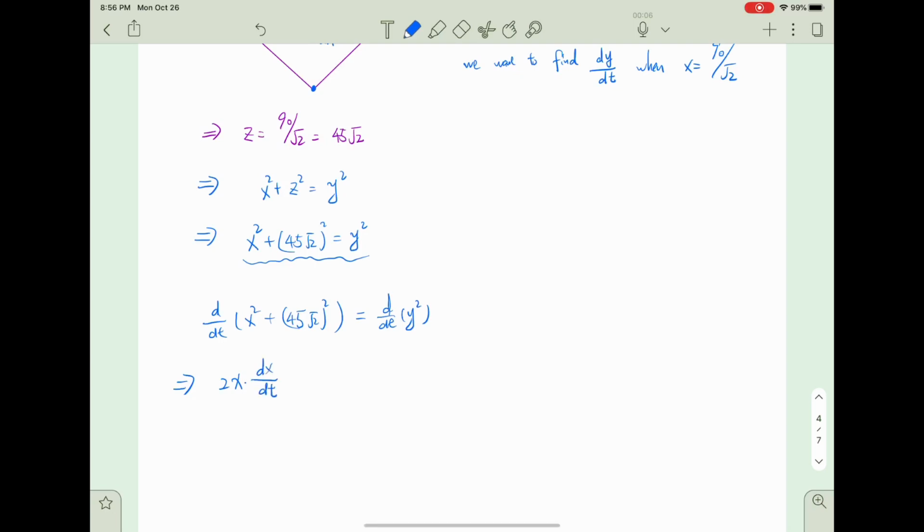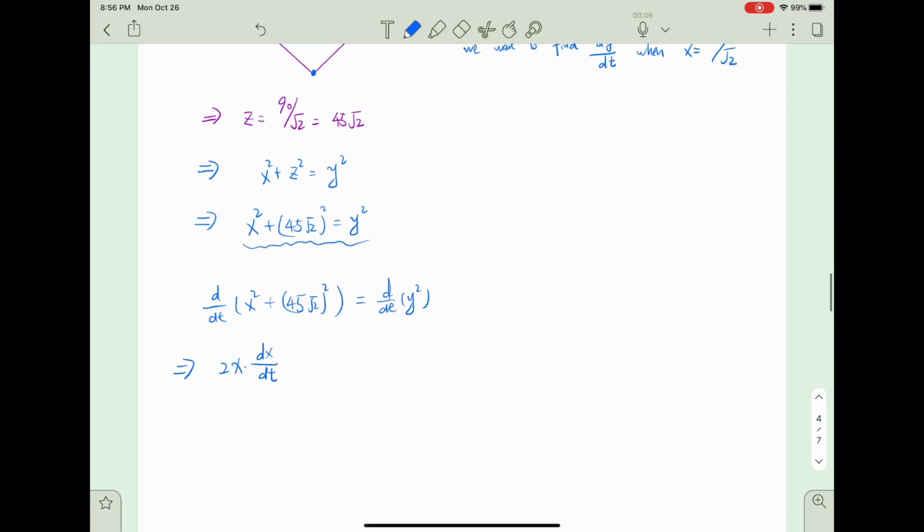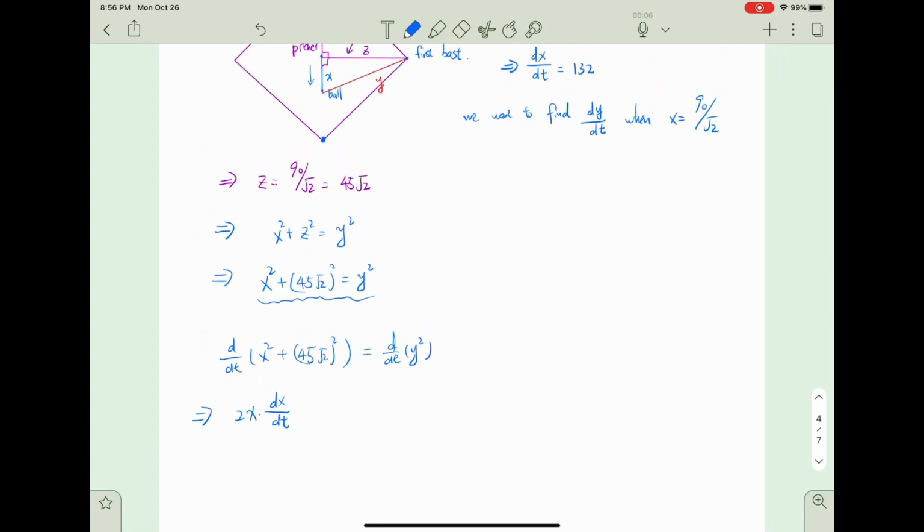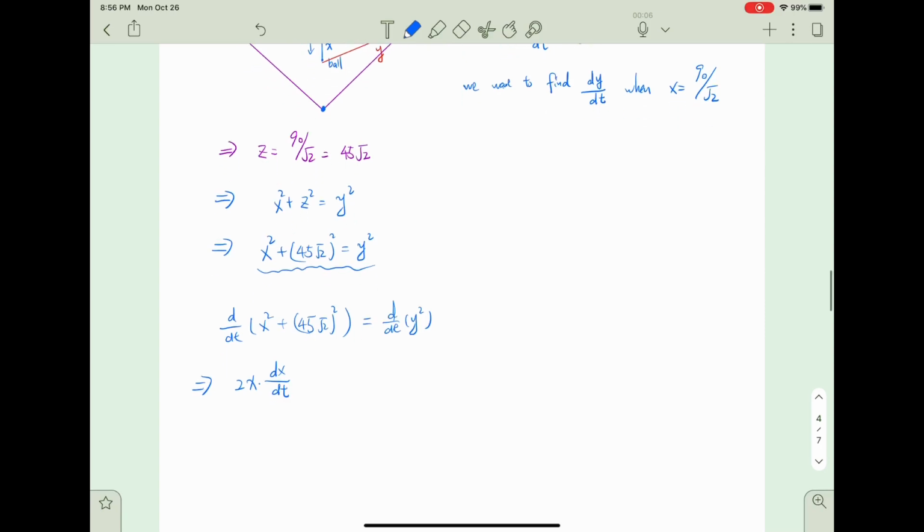Hope that you're familiar with this implicit differentiation. If not, you can go back to review this, because everything is based on implicit differentiation, and implicit differentiation is based on the chain rule, so everything is built up step by step. So that is the derivative of the first term. For the second term it is 0, right?